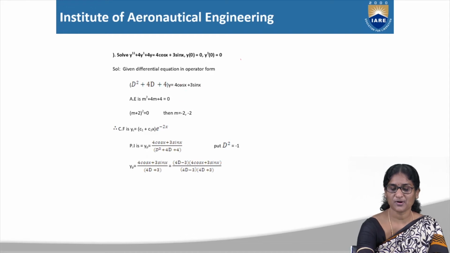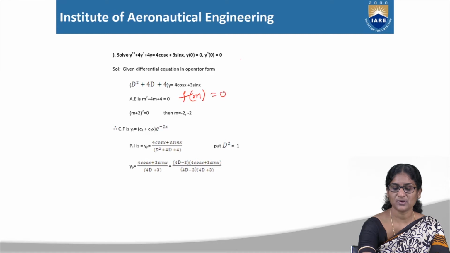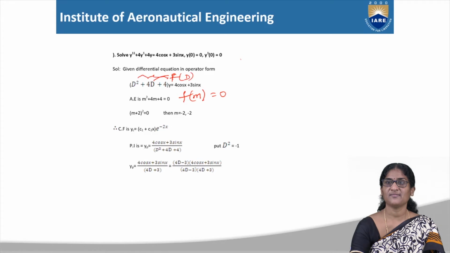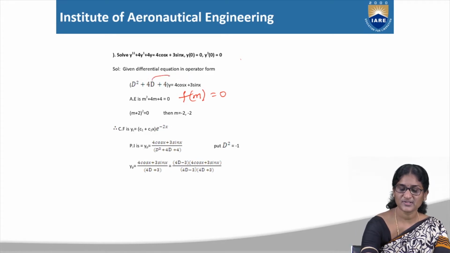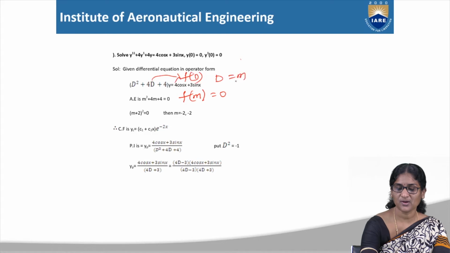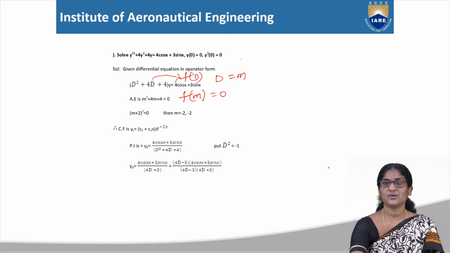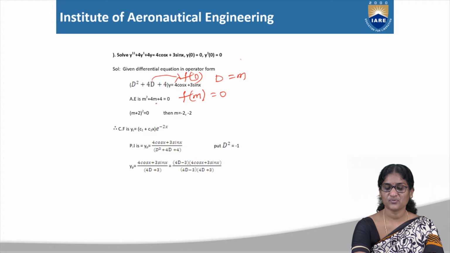The auxiliary equation is obtained by f of m is equal to 0, and f of m is nothing but f of d. So in place of d, you substitute d is equal to m to get the auxiliary equation. So the auxiliary equation is m square plus 4m plus 4 is equal to 0.